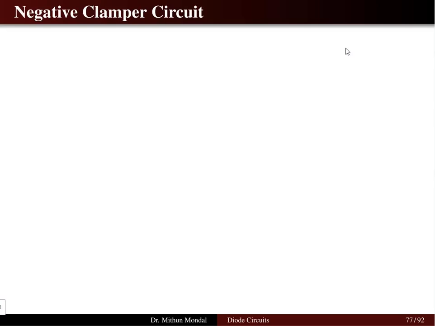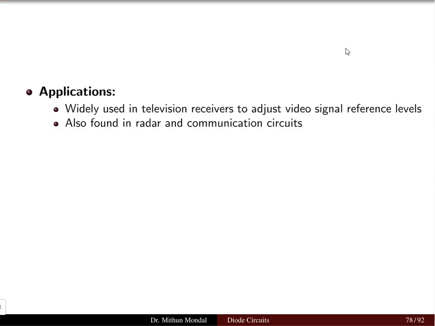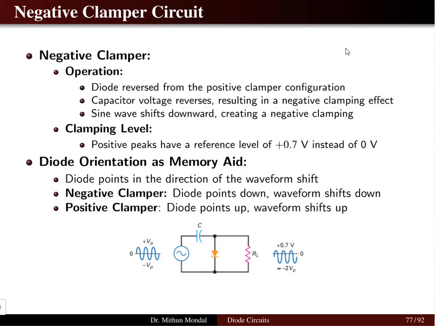Next we will see the negative clamper circuit. In the negative clamper circuit, which is opposite to the positive clamper circuit, the diode will be reverse biased during the positive signal operation. In the positive clamper, your diode was pointing upward.